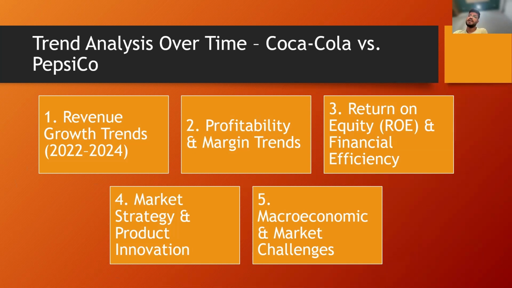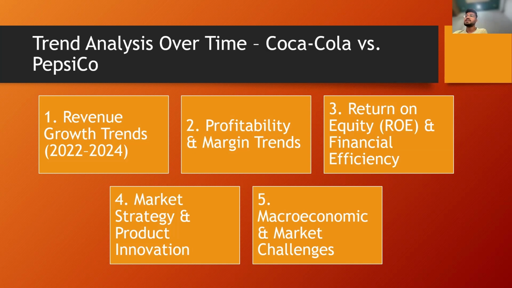For PepsiCo, increased investment in health-conscious products, expanding brands like Gatorade, Naked Juice, and Lay's Baked. Focus on affordable snacking options like Chester's to address price-sensitive markets. Fifth, macroeconomic and market challenges.